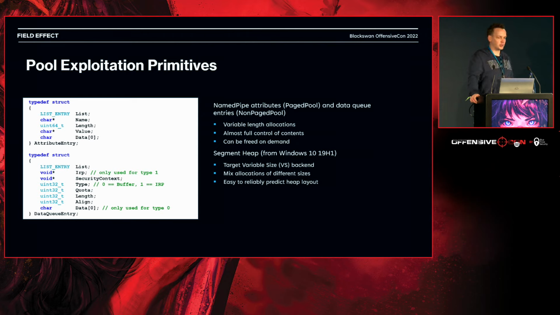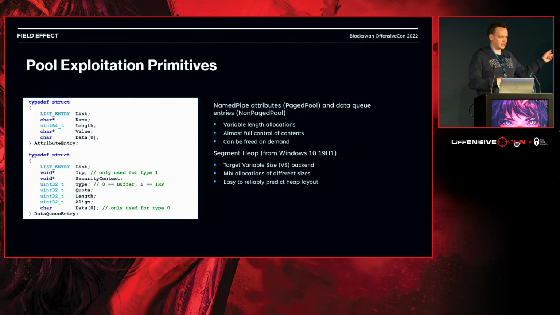Named pipes turn out to be super useful for this. There are two features of named pipes that make exploitation and grooming a lot easier: named pipe attributes, and data entries in the named pipe write queues. The reason why these are both good is that they have variable length allocations.